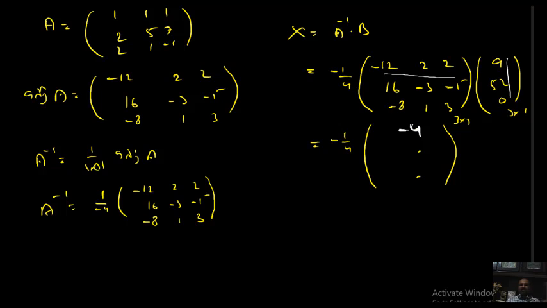Next, second row: 16 nines are 144. Correct only? 9 6s are 54. 144 minus 52 3s are 156. Cross check, 3 5s are 15, 3 6s are 18. Okay. Next, minus 0, no need to write that. So 144 minus 156 is minus 12.